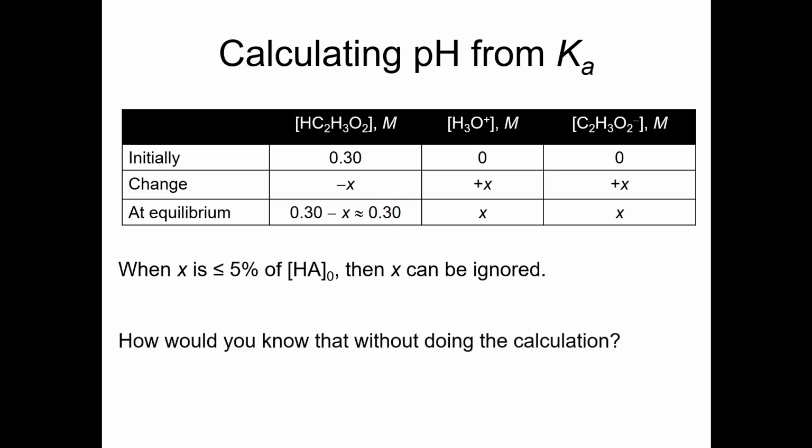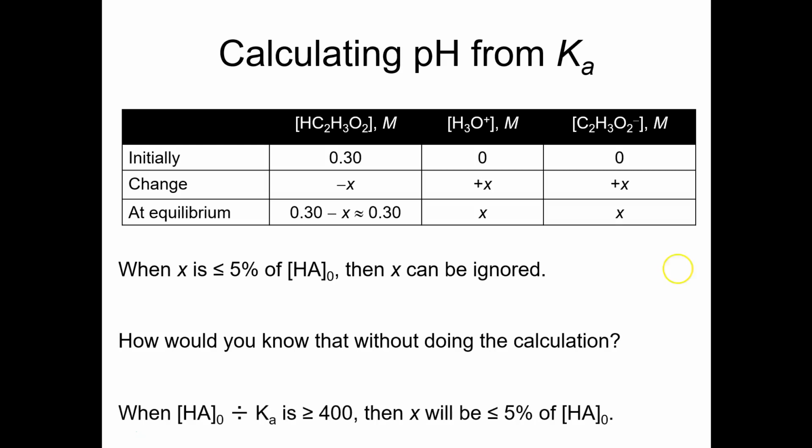But of course, that means that you have to actually do the calculation, make the assumption, and then do the calculation to figure out whether the assumption was justified. Except that you actually don't, because there's a simple little workaround for this.